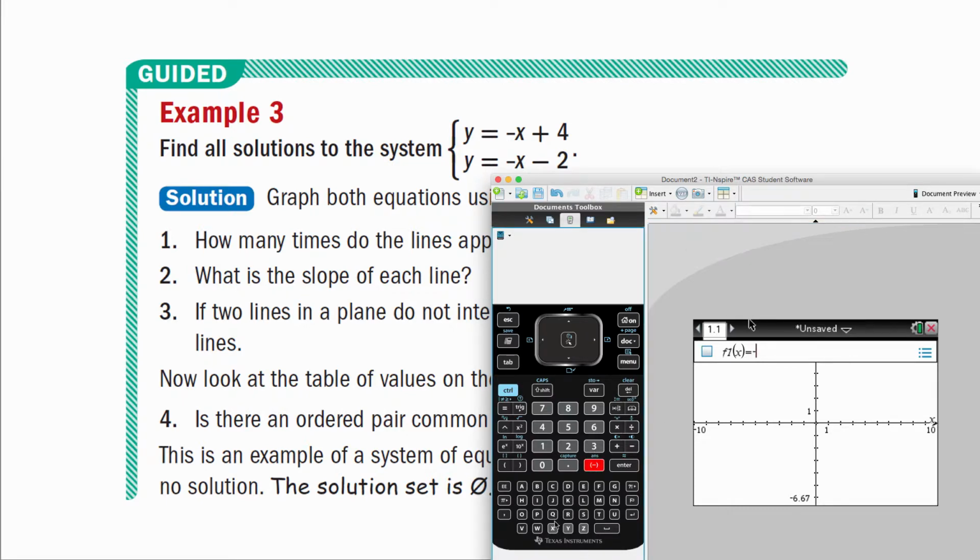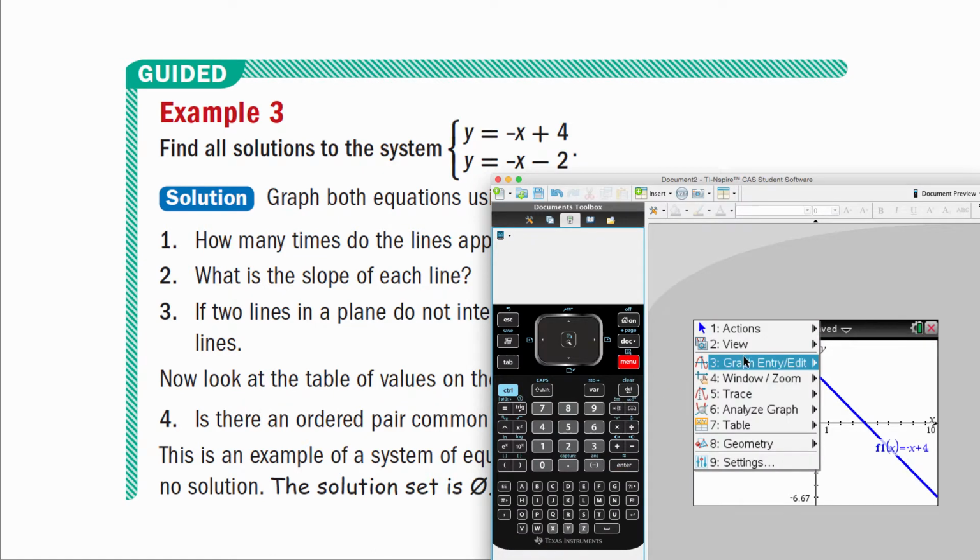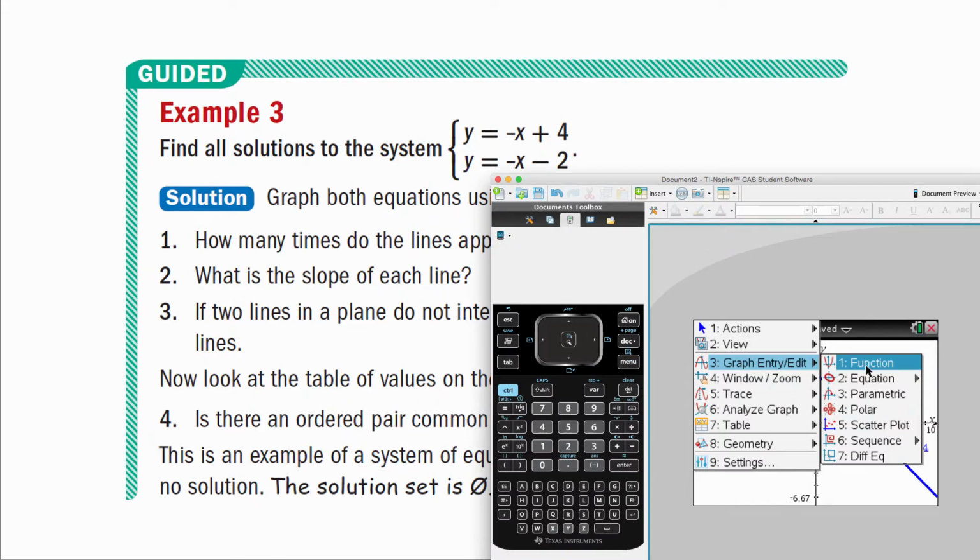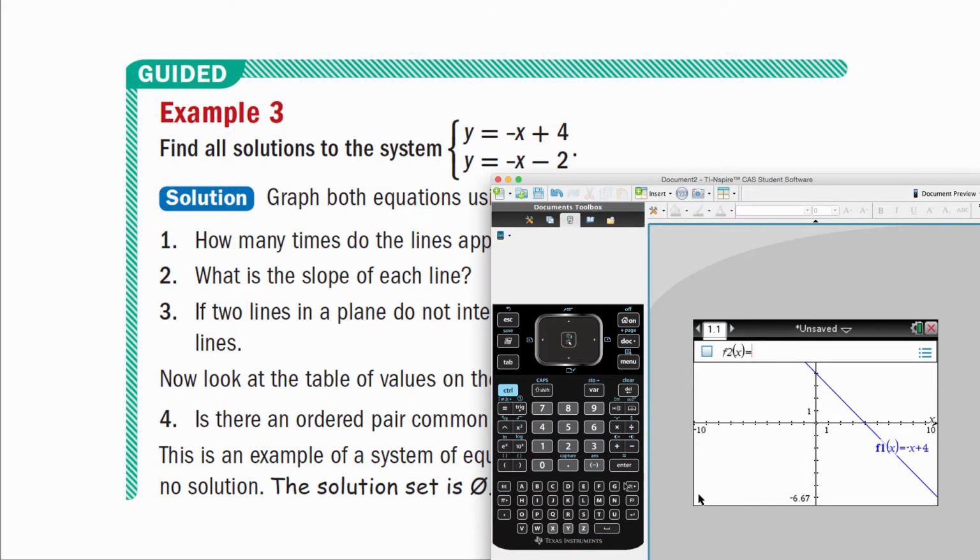So the opposite of x plus 4 is my first function. And for my second one, the opposite of x, the opposite of x minus 2, and enter. And there I've got my two graphs.